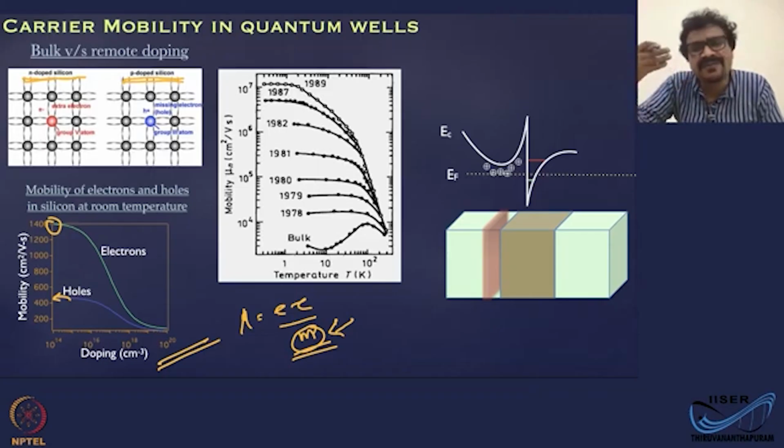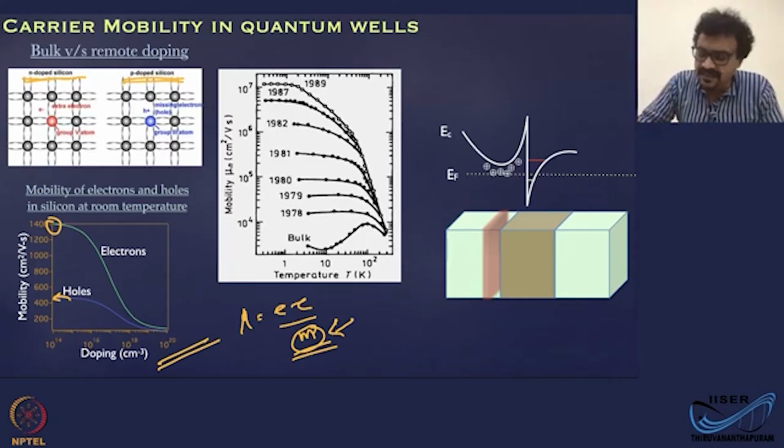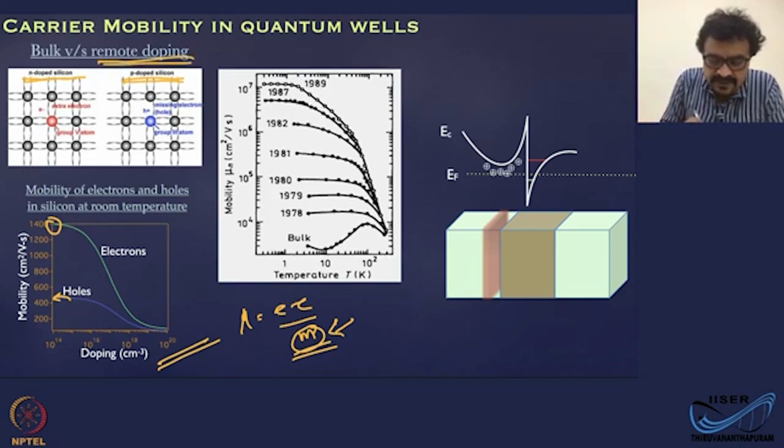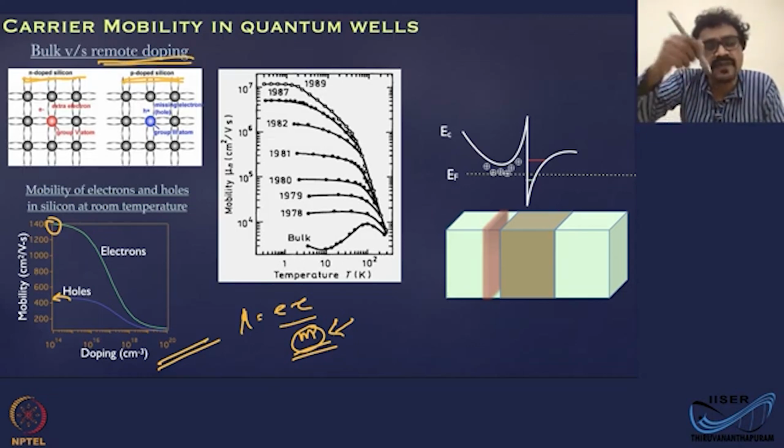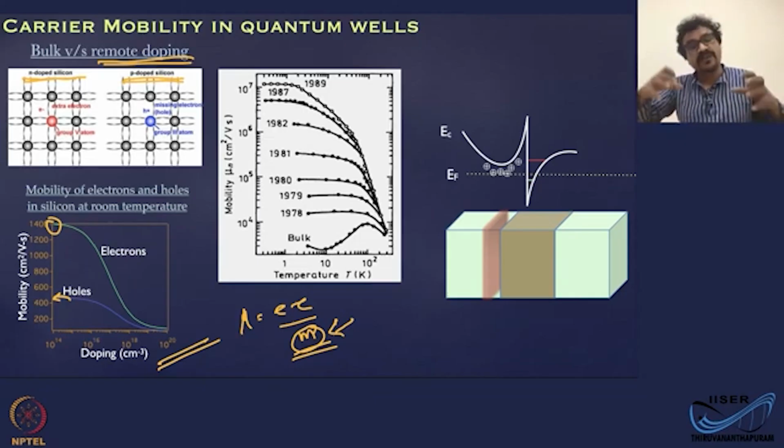But there is a completely different class of material, the heterostructure we just discussed. There, you can have something called remote doping. So whatever impurity scattering we discussed comes from the bulk doping. That means you are putting the dopants in the same space where the charge carriers are moving.